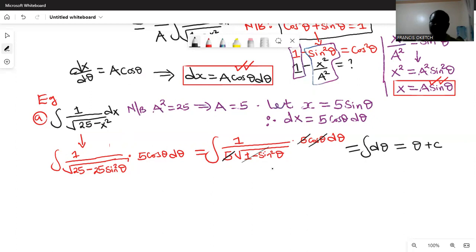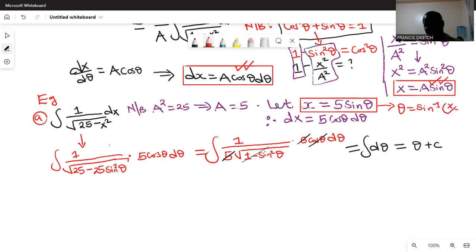That is our answer, but we have to replace theta. You need to check where we defined our theta. It is this one that I'm bracketing. So make theta the subject. You divide by 5, so x over 5 is equal to sine theta. Then take sine inverse on both sides. So theta is equal to sine inverse of x over 5.